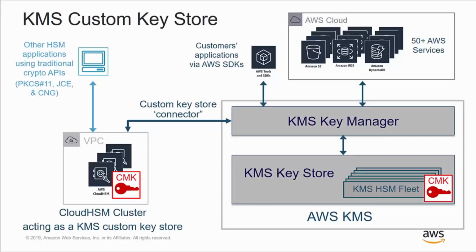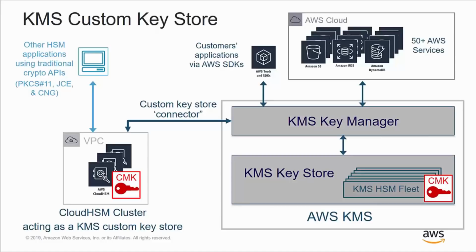If you already have CloudHSMs and you're using them to manage and protect keys on behalf of other applications, for example, you may be running in EC2 or even on-premise, using traditional crypto APIs such as PKCS#11 or JCE, then you can continue to use the cluster to do so, as well as using it as a custom key store for KMS. If you're using CloudHSM for the first time and you're only using it for KMS, then that's perfectly fine as well.